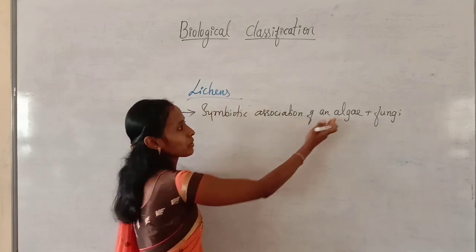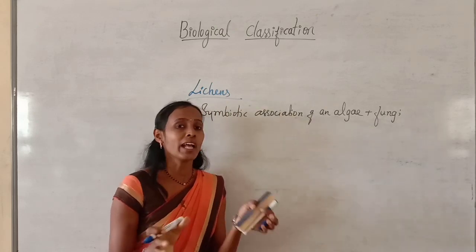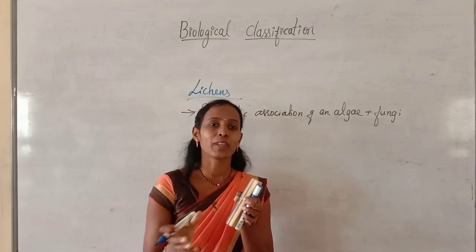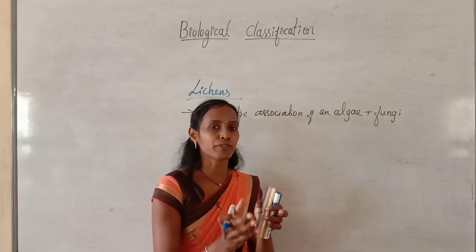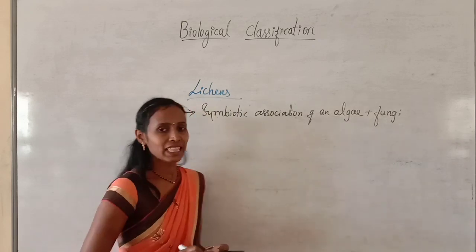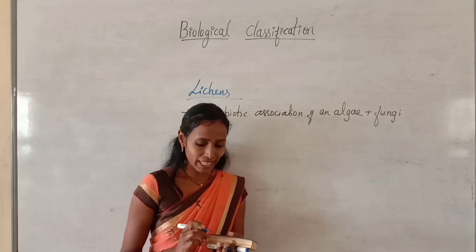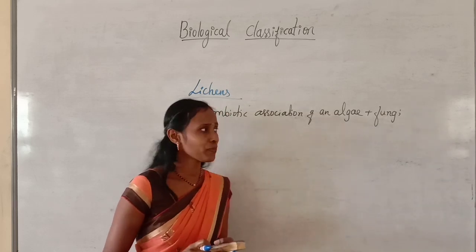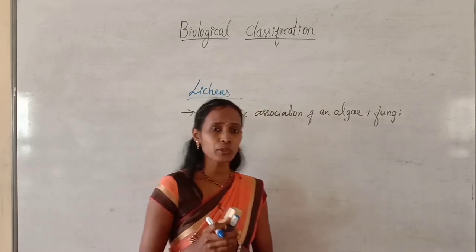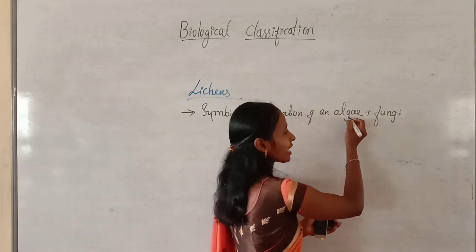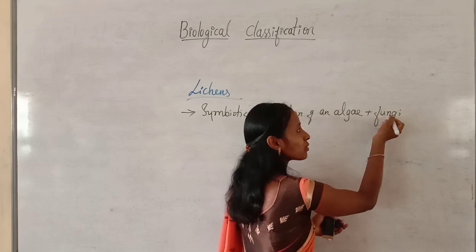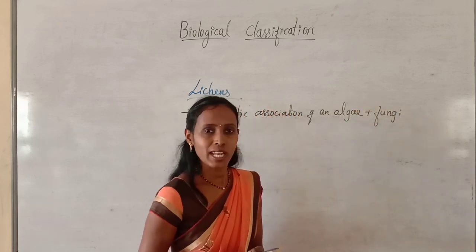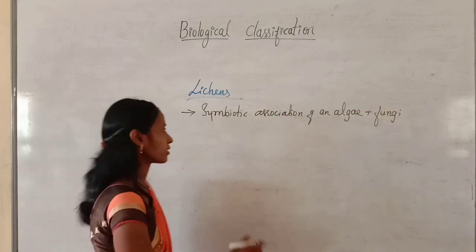So lichens equals algae plus fungi, because the algae and fungi are mutually benefiting and they form an organism called lichens. That's why lichens are the symbiotic association of an algae and fungi. Here we should know how the algae is helping the fungi and how the fungi in turn is helping the algae.